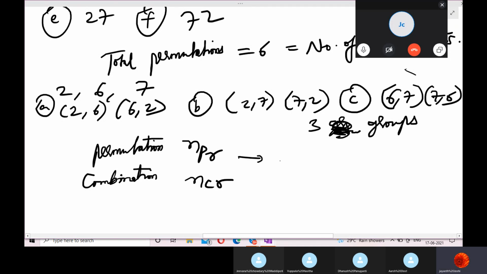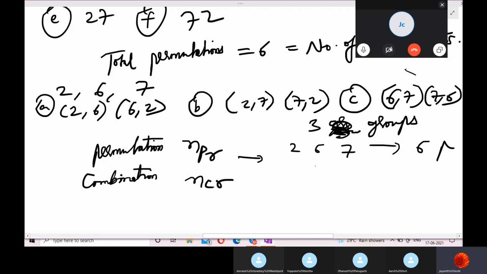So now if I say nPr, how many numbers did I give you? Please tell me. 3 numbers, correct? 2, 6 and 7, and you made 6 arrangements out of it. That is 6 permutations. How can you find that out? What is the formula? nPr.